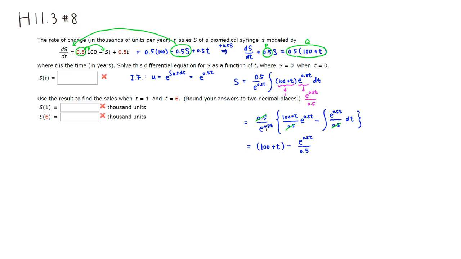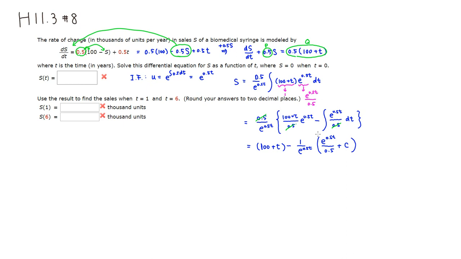Maybe I'm getting confused here, so I'm going to write it this way. We still have 1 over e to the 0.5 t, that comes from the front. And then the antiderivative is e to the 0.5 t over 0.5 plus some constant c.